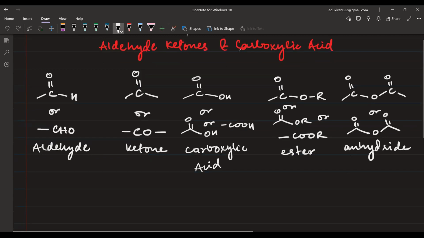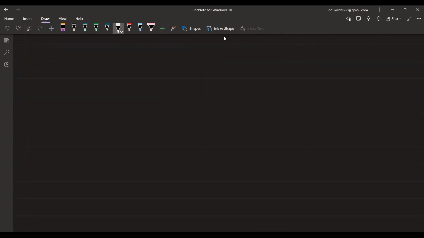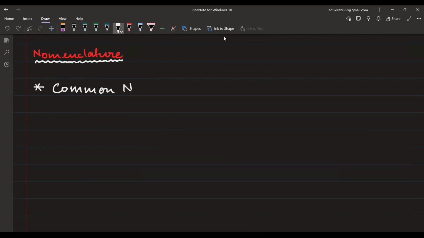Okay. Right, next, some common names. In nomenclature, first of all, write some common names that you have to remember. First one is, if you have this fragment, CH3, C double bond O, then this will start with 'acet'.